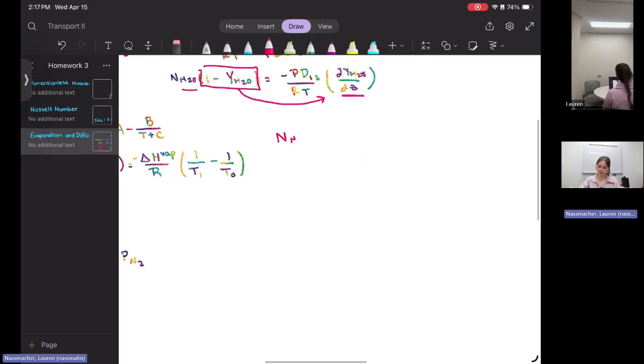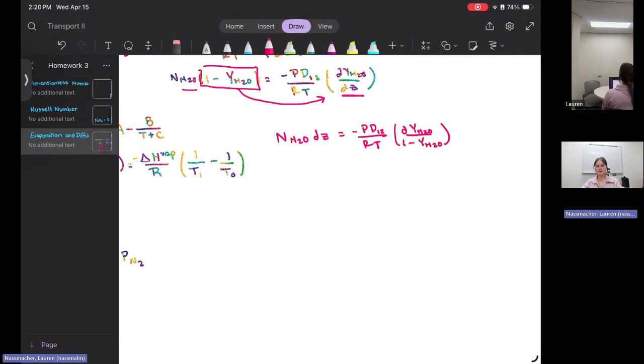So this final equation that we will then take the integral of is our flux of our water. It's equivalent to negative pressure, diffusion coefficient, over constant times temperature, times derivative of YH2O over 1 minus YH2O.